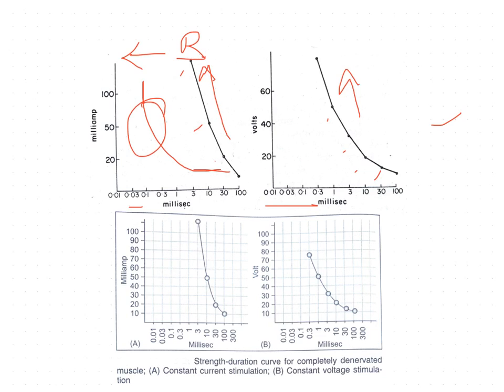Here you can see the durations at 100, 30, 10. There is no response when the time period is reduced, and even if you increase the current intensity, there is no response. So this is the type of curve which we can see in complete denervation.